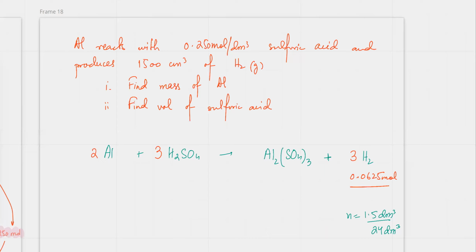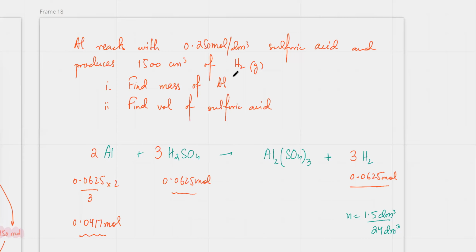So I found my moles. Then finding the other moles would be very easy. H2SO4 would be exactly the same. Aluminium would be 0.0625 divided by 3 into 2. So what do you get? 0.041666, so 0.0417 moles. So you found the moles of these two substances.